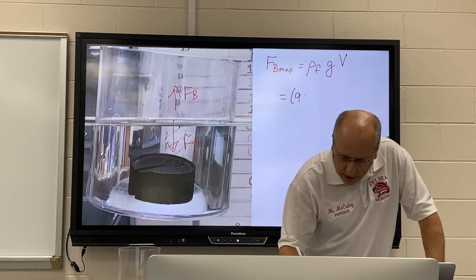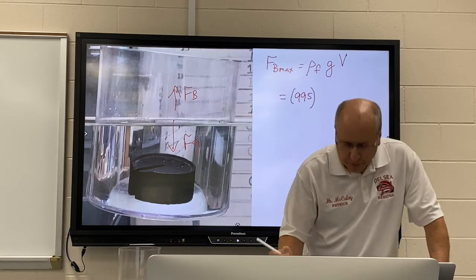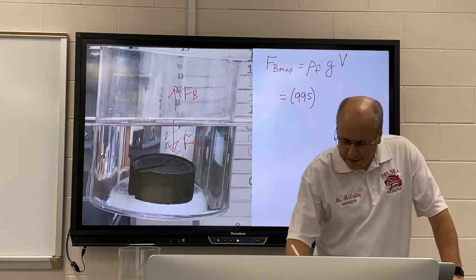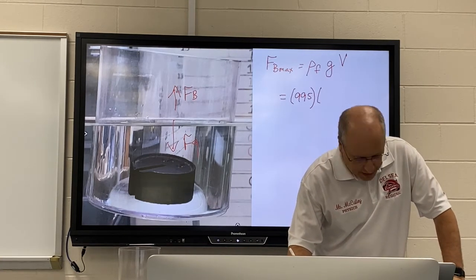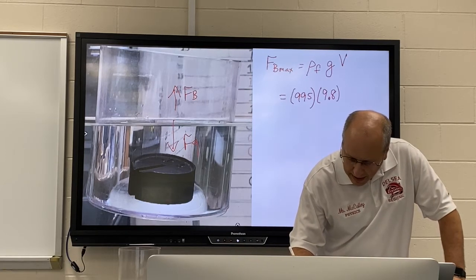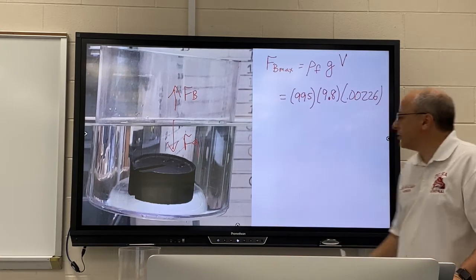Okay, we're using Delsey water, which turns out not to be the same density as real water. It's about 995 kilograms per cubic meter. We're on planet Earth, and we saw we had a volume of about 0.00226 cubic meters.